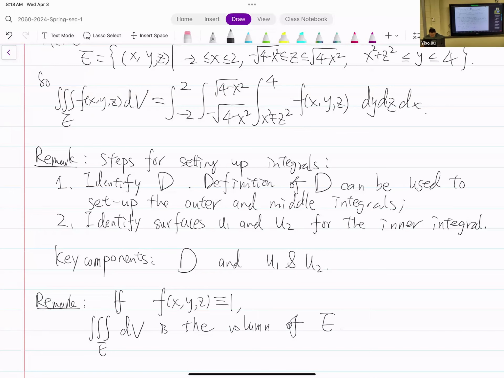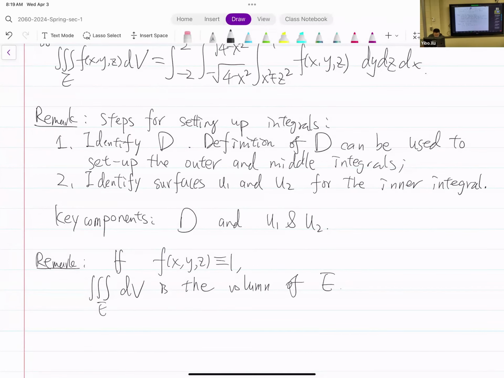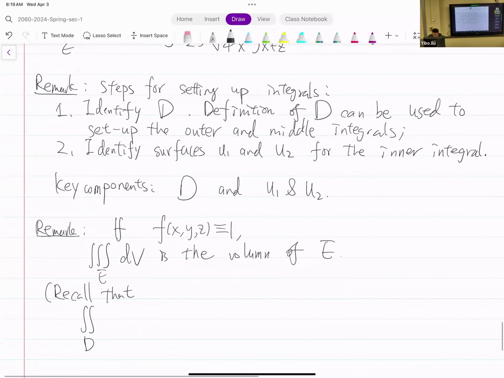So actually this one relates to one of the previous remarks in the section on double integrals. Recall that in 16.2 you have the double integral over the region D of f(x,y) minus g(x,y) dA.